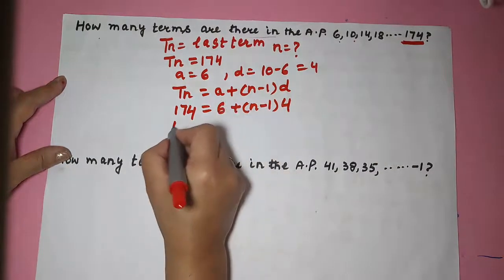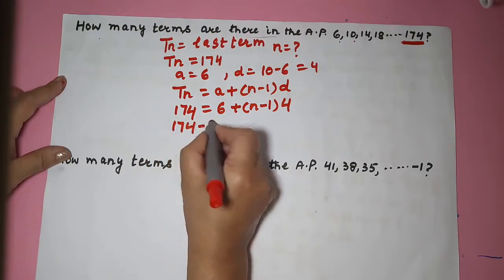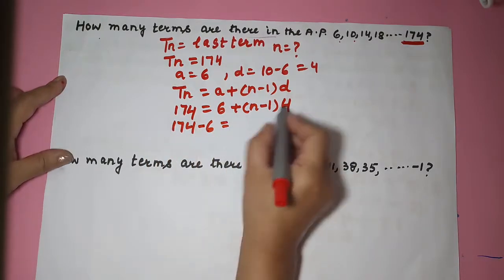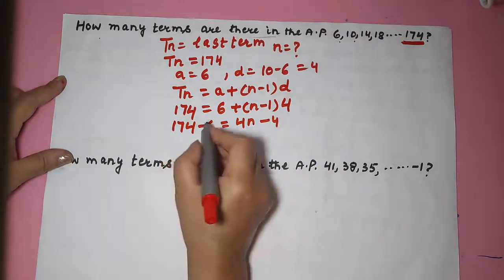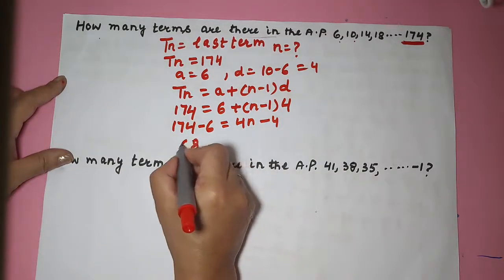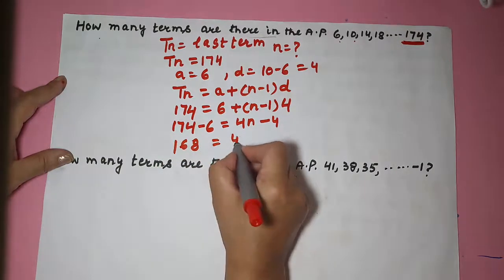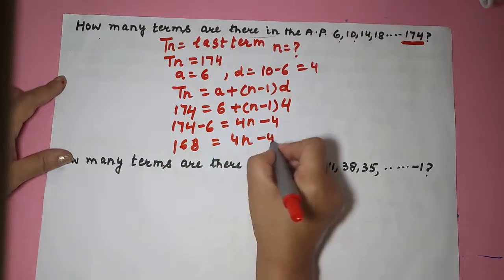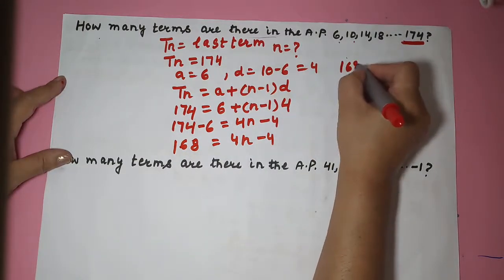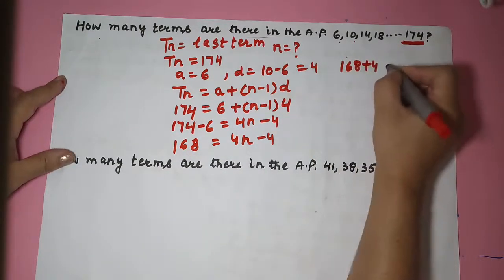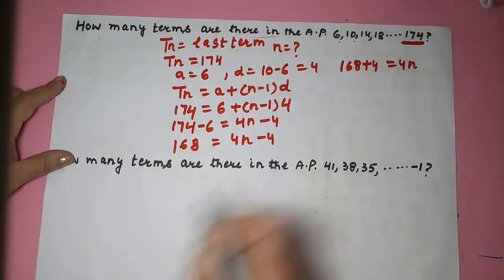So if I shift this here, 174 minus 6 is equal to 4n minus 4.